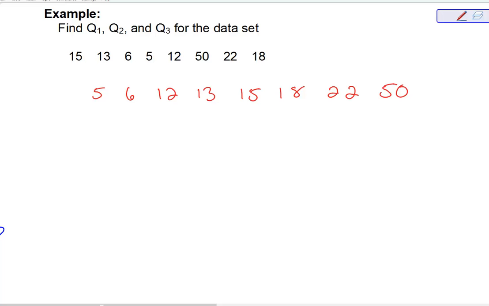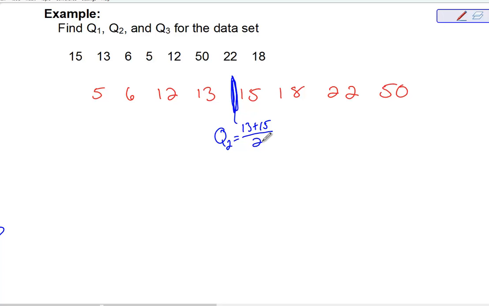Step 2, find the median of the entire data set. So if I'm looking at this entire data set, I have 8 numbers. So I'm looking for the middle number. Well, the middle number is going to be right here where I divide the numbers in half. So Q2 is going to be equal to 13 plus 15 divided by 2.